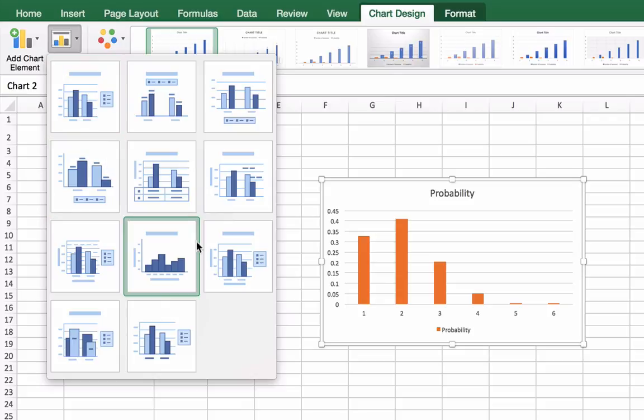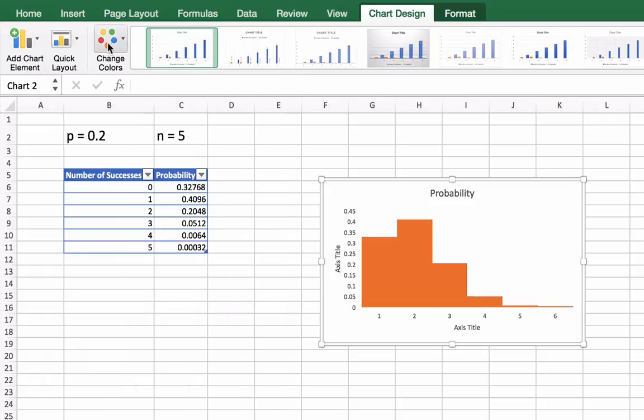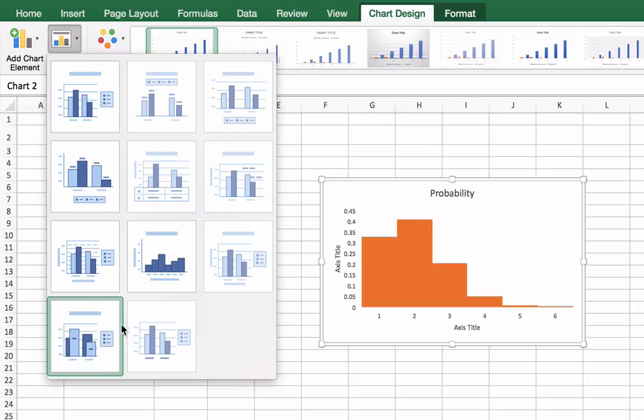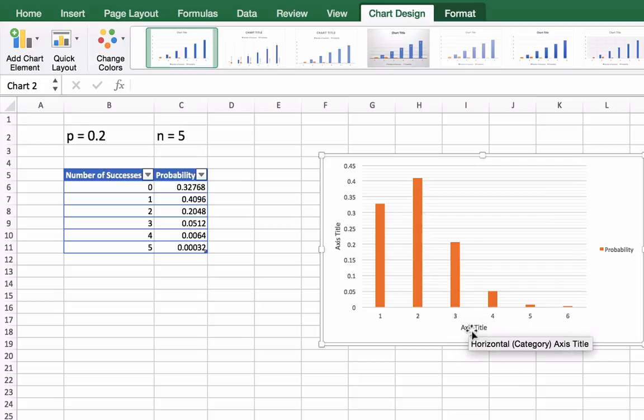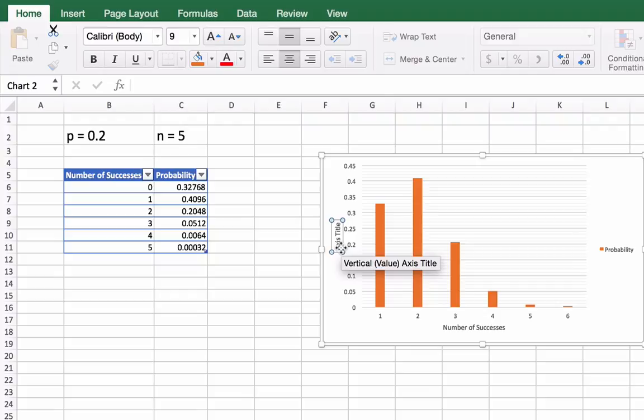And quick layout, I want labels. And I want separation between them. There we go. So I can change the axes here to number of successes. And on the vertical axis, this will be our probability.